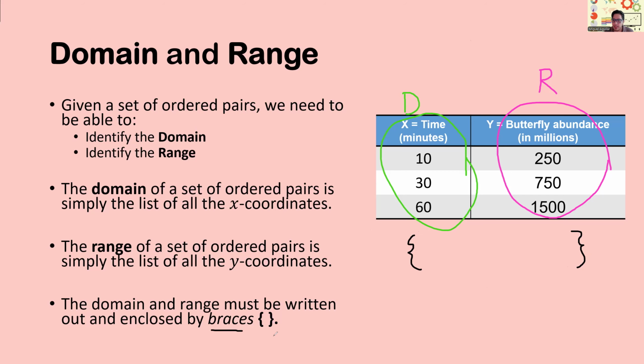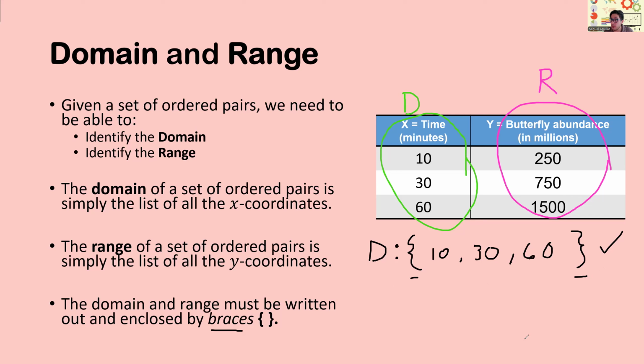When I write the domain down, I put D for domain, a colon, and then list the numbers in the domain, which are 10, 30, 60, all separated by commas. That's the domain. If I ask you for the domain, that's all you have to write down. Make sure you use these braces and then list the numbers.